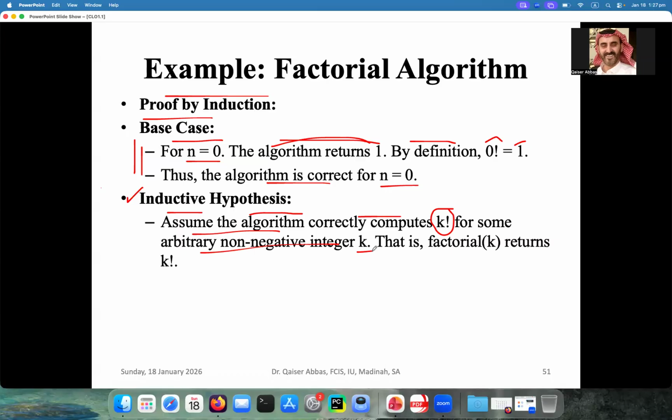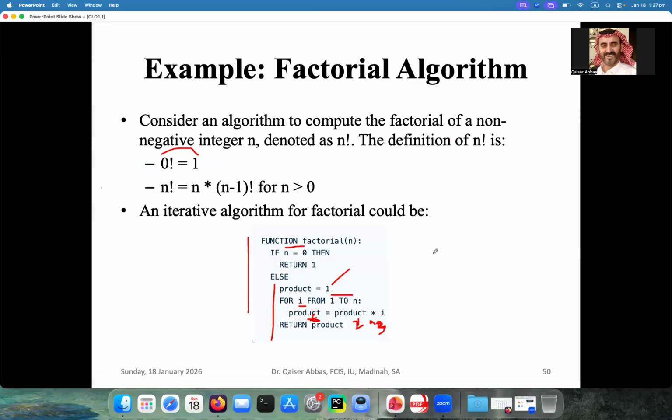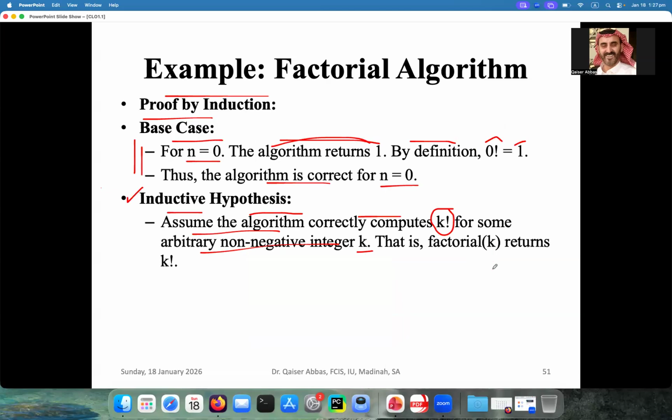It means when we give this factorial n equal to k, this algorithm will give us k factorial. Yes. We are just assuming.